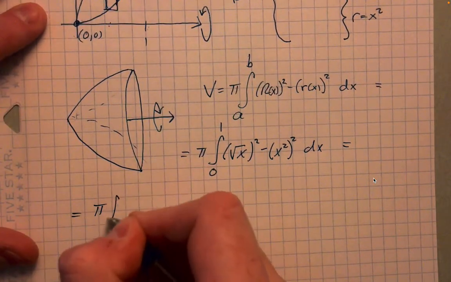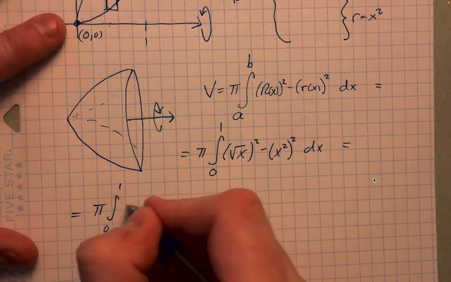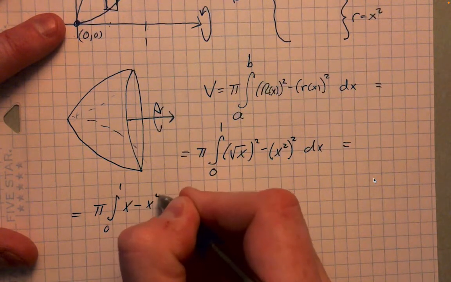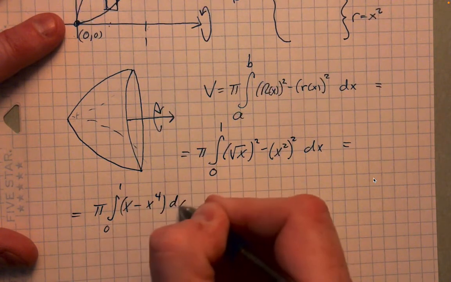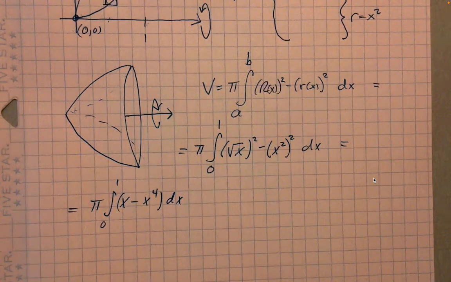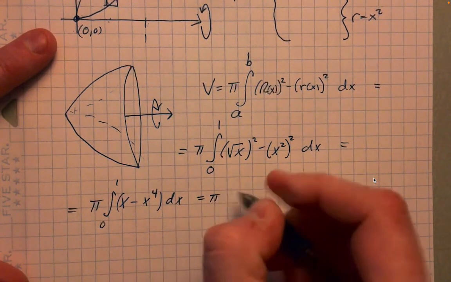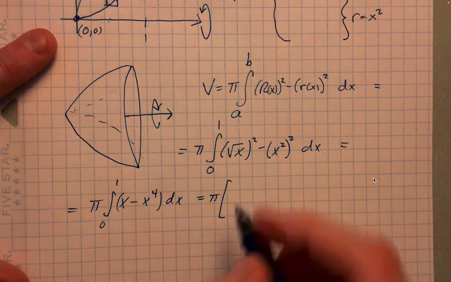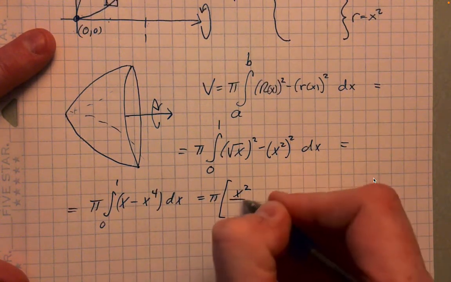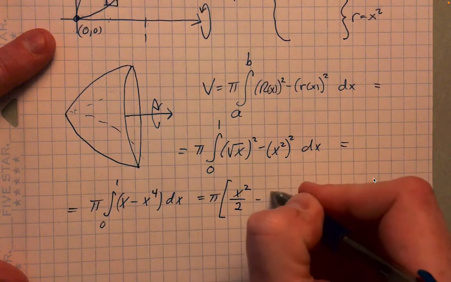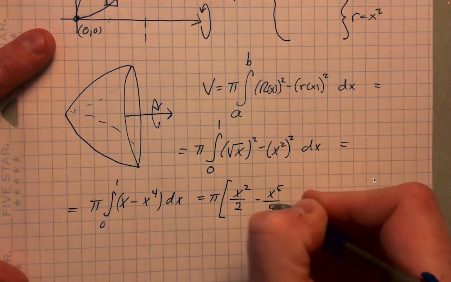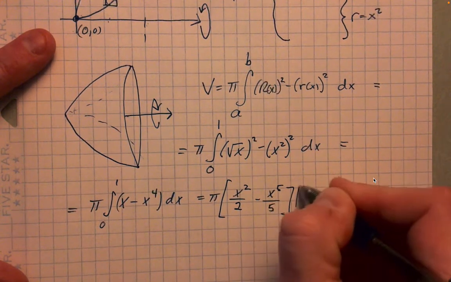We get pi times the integral from 0 to 1 of x minus x to the 4th. It should look like that. This is just a simple polynomial, so we can quickly integrate this. It'll be x squared over 2 minus x to the 5th over 5, from 0 up to 1.